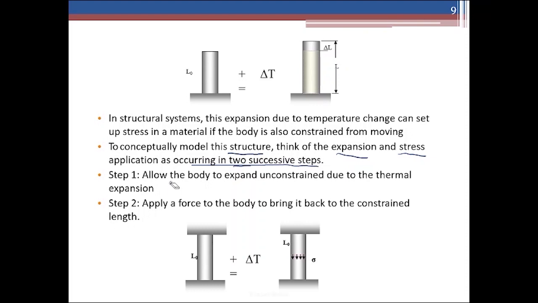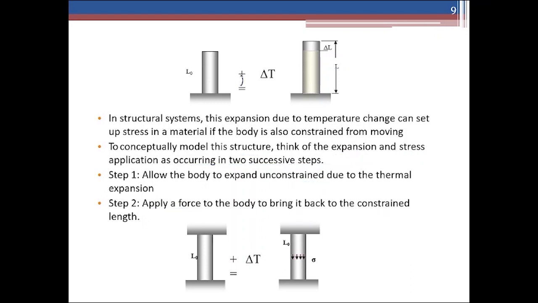The first step, allow the body to expand unconstrained due to the thermal expansion. Then the material or the structure will be expanded. After that, on the expanded material, apply a force to the body to bring it back to the constrained length.